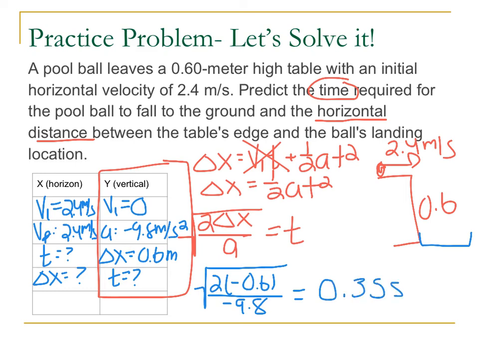0.35 seconds. So at this point I know my time, and as a reminder, my time is always the same in the x and the y. So I can actually just write this in here. Now I can solve for my horizontal distance. Okay, so I do not have acceleration, so I'll be using this equation.